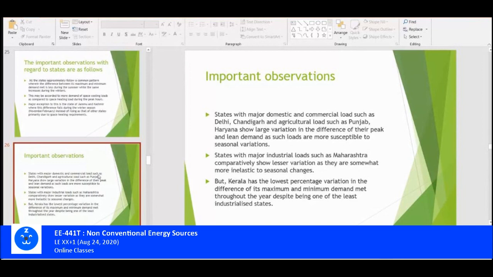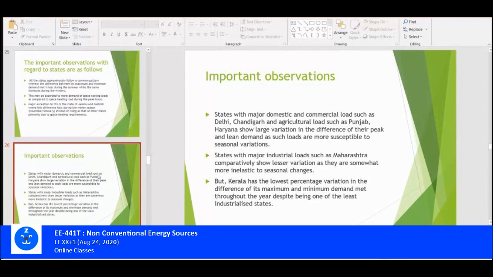Now take the example of Kerala. It has the lowest percentage variation in the difference of its maximum and minimum demand met throughout the year, despite being one of the least industrialized states. Kerala is not a very industrialized state, and still the variation in the maximum and minimum demand is minimum, simply because its geographical location is very unique, and there is nothing like summer or winter conditions, which are very severe in northern states.